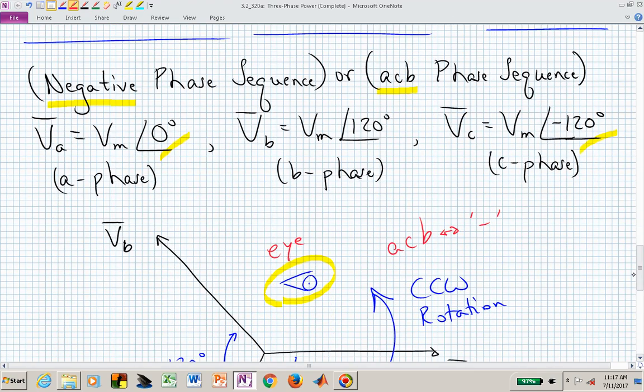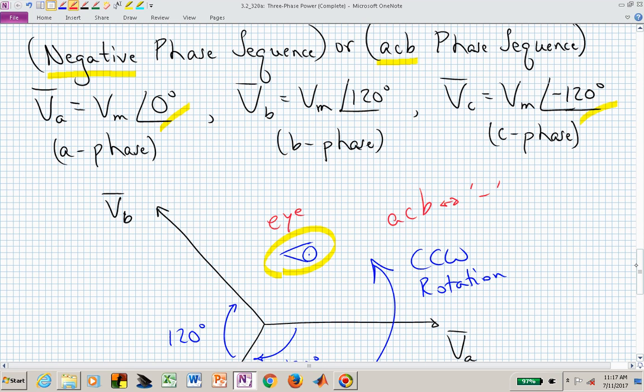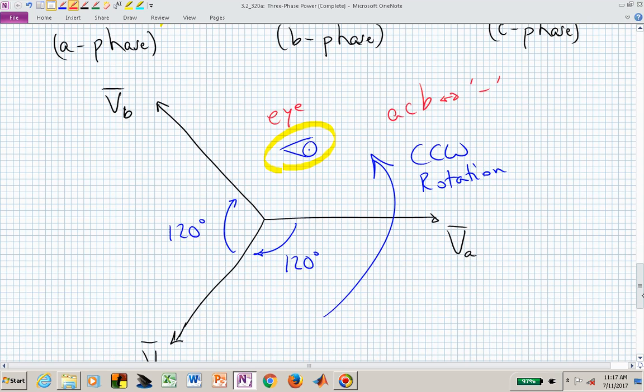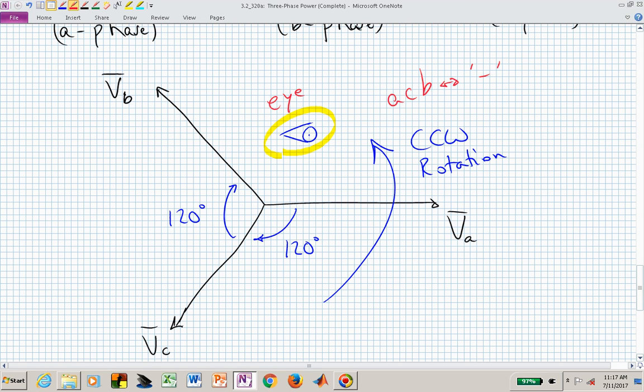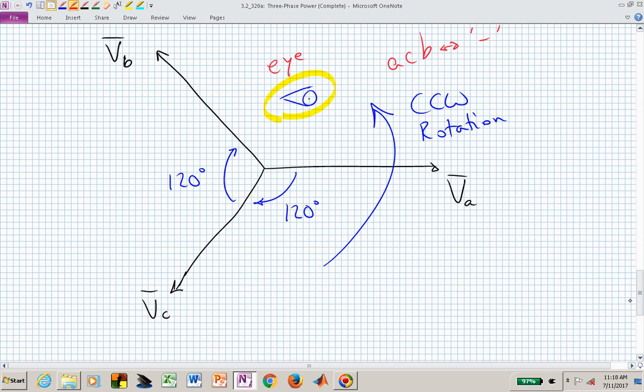In contrast to that, if we had the negative phase sequence, if it's balanced, they all share the same amplitude. It's just that the angles and the way that they are oriented one to the other is different. In the negative sequence, we have A, C, B, and so the C phase is 120 behind the A phase, and the B phase is 120 degrees behind the C phase.